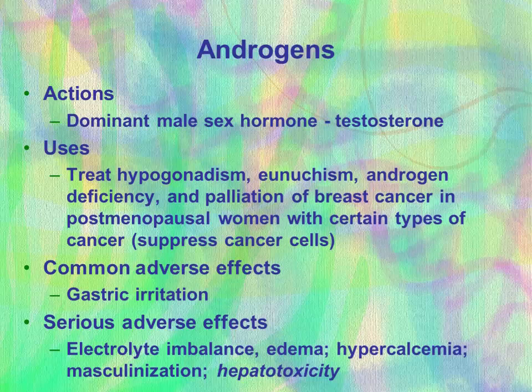When given to children with hypogonadism, then we need to monitor the long bones, the growth of the long bones. Otherwise, they end up being very short, because one of the signals that tells the long bones to stop growing is the increased production of testosterone in males and estrogen in females.